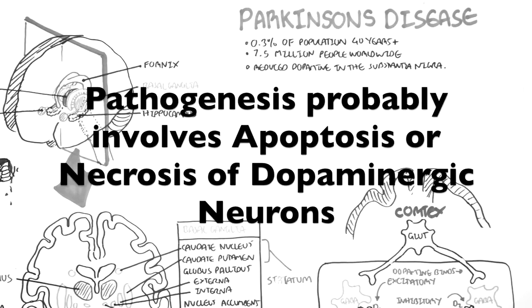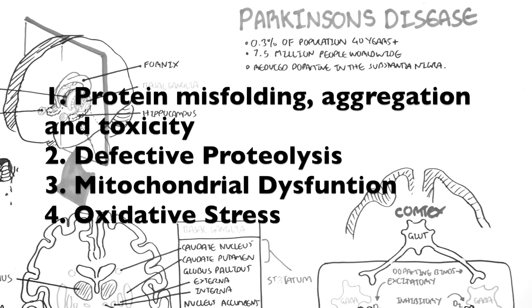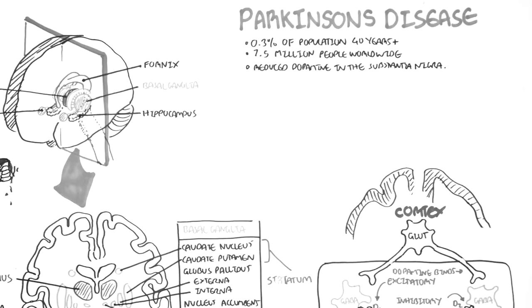The death of these neurons can be due to protein misfolding, aggregation, and toxicity. It can be due to defective proteolysis. It can be due to mitochondrial dysfunction or oxidative stress. These are all theories. Regardless of the cause, the result is that we have reduced dopamine in this area, in the basal ganglia.